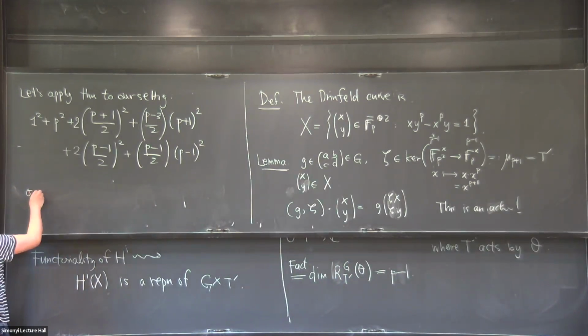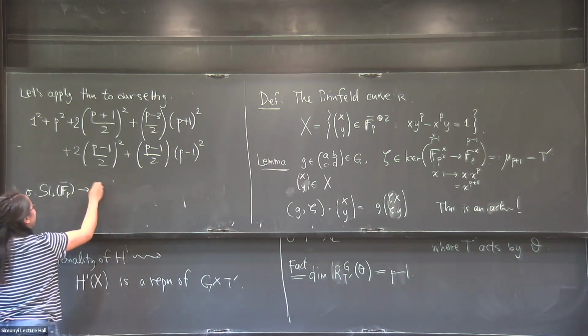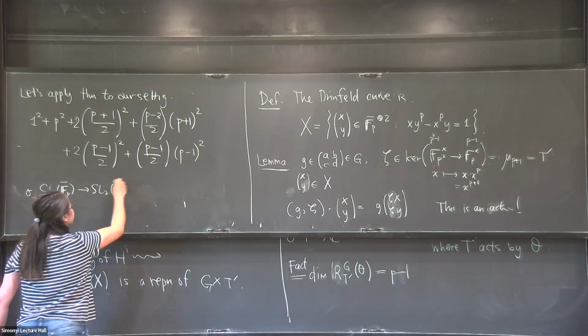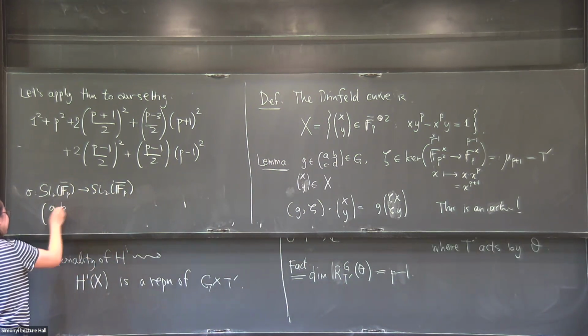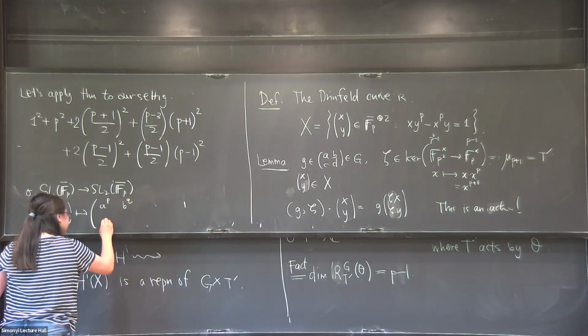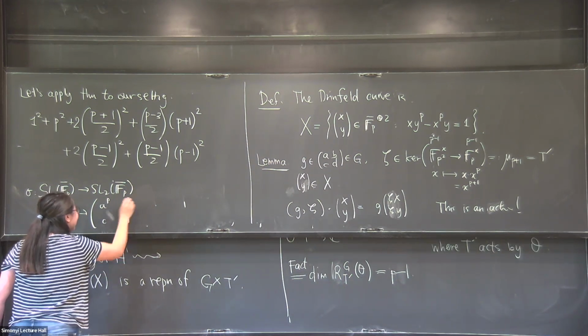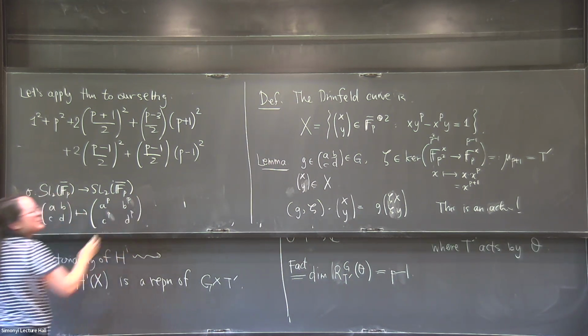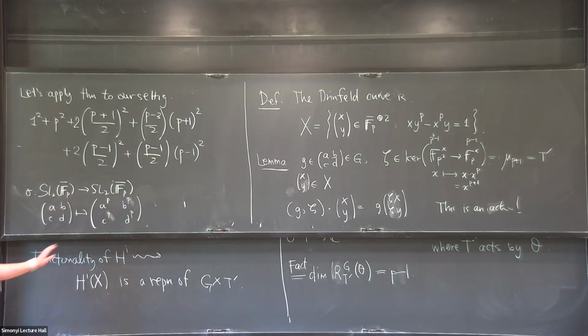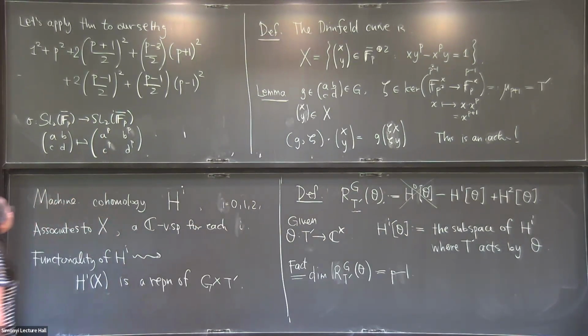Sigma is from SL2(F_p bar) to SL2(F_p bar), where (a, b, c, d) goes to (a^p, b^p, c^p, d^p). Oh, I wrote q. It doesn't matter if you change p to q being a power of p. So this is sigma. You should check this is a group homomorphism.